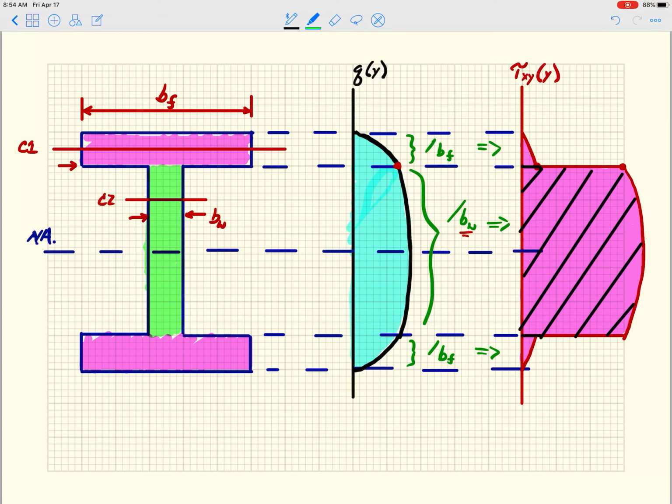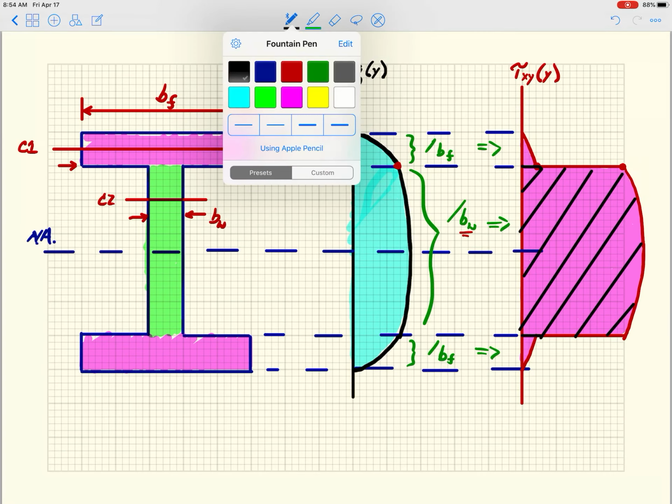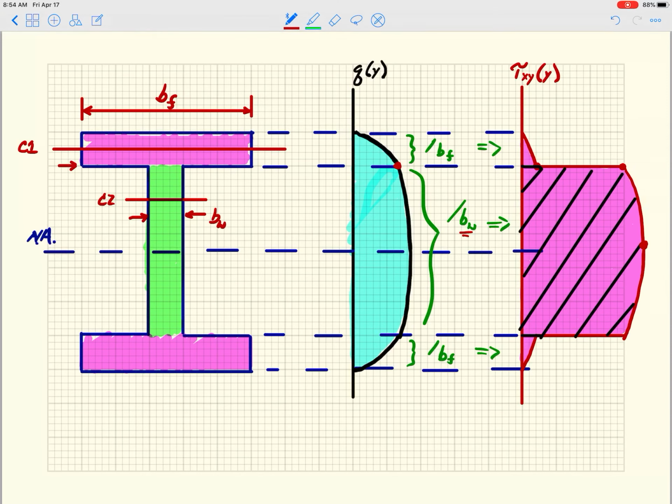And that's why when you ultimately design an I section, a lot of times they're going to approximate this point here. So this is tau xy max, I'll just write it here underneath. Tau xy max is approximately equal to the total shear force divided by the area of the web.